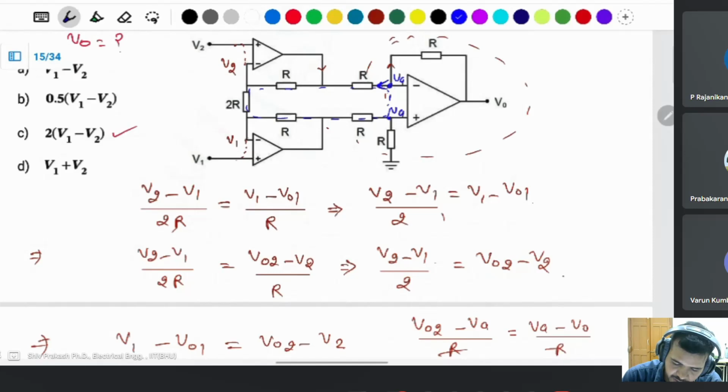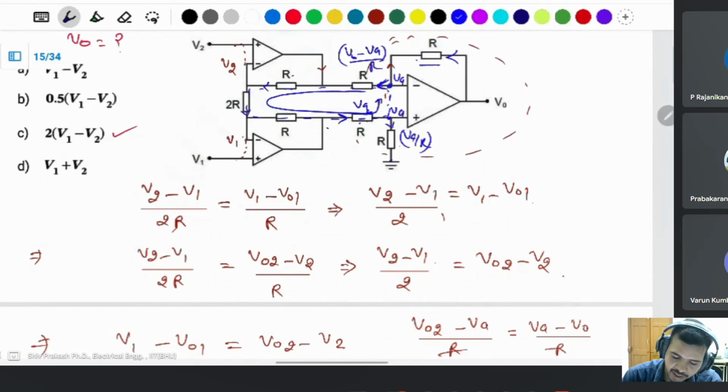This one is (V0 minus VA) divided by the resistance. This current is the same as this current. If you take this current like that, making a closed circuit, then this current is VA by R going through the resistance. Then the same voltage drop, this one voltage VA, and apply KVL here.